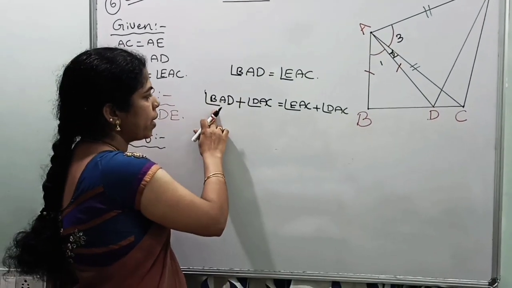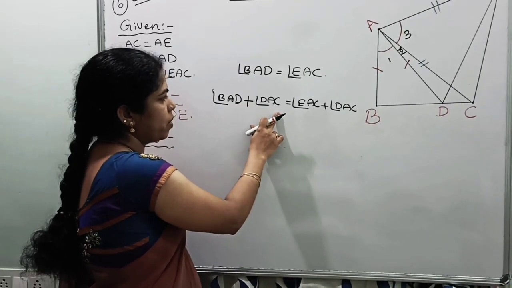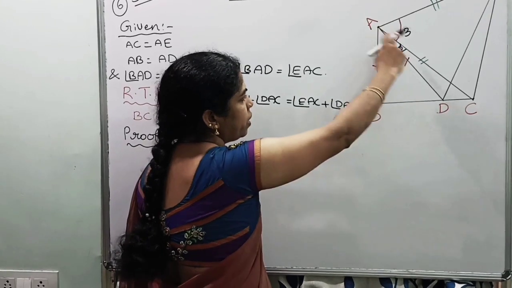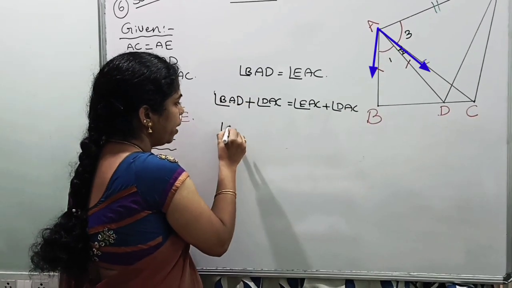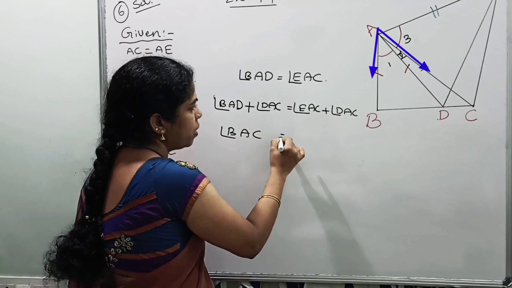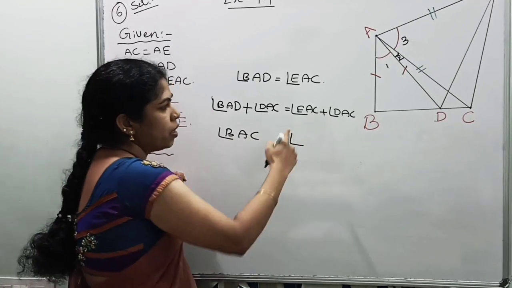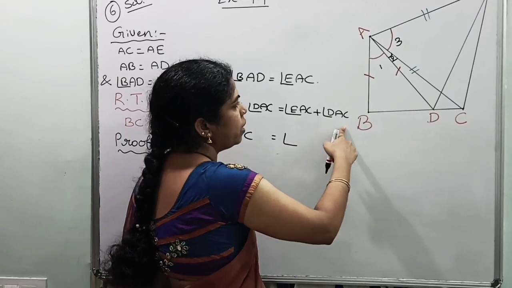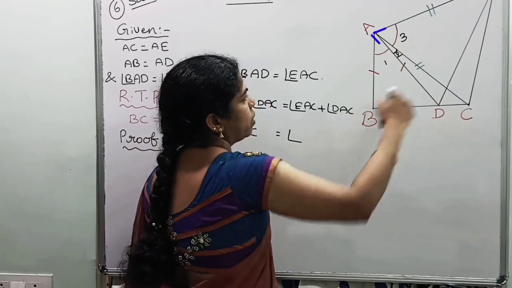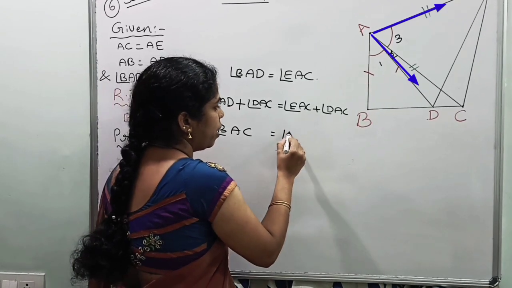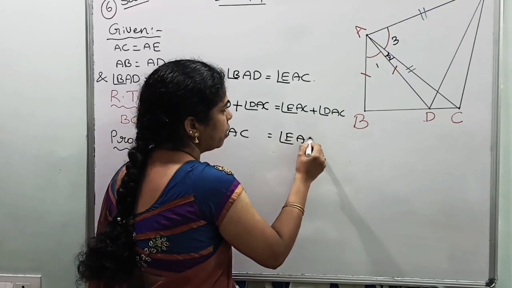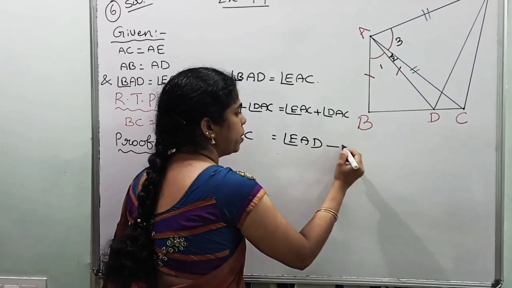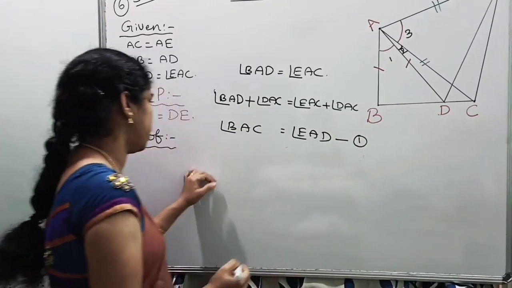So if you add angle BAD plus angle DAC, what is the combined angle you are going to get? Angle BAC. Angle BAC is equal to angle, these two parts if you combine, what is the part that you are going to get? Angle EAD. So now let us keep it as point number 1.